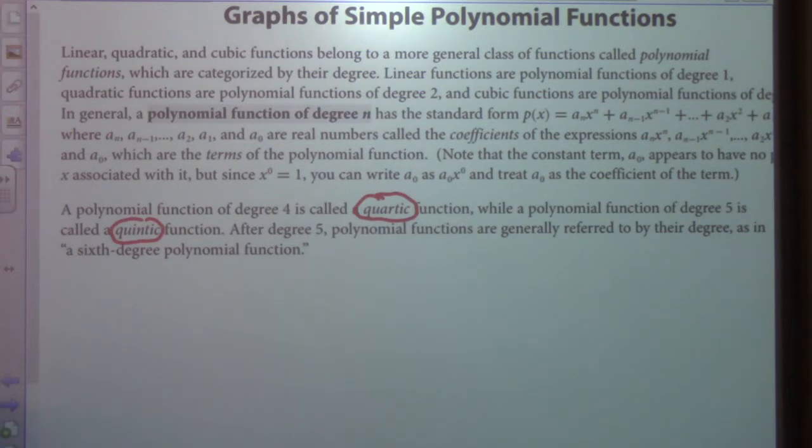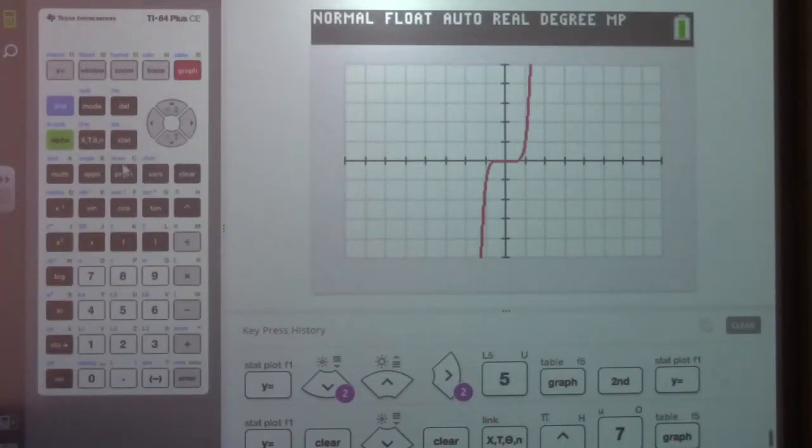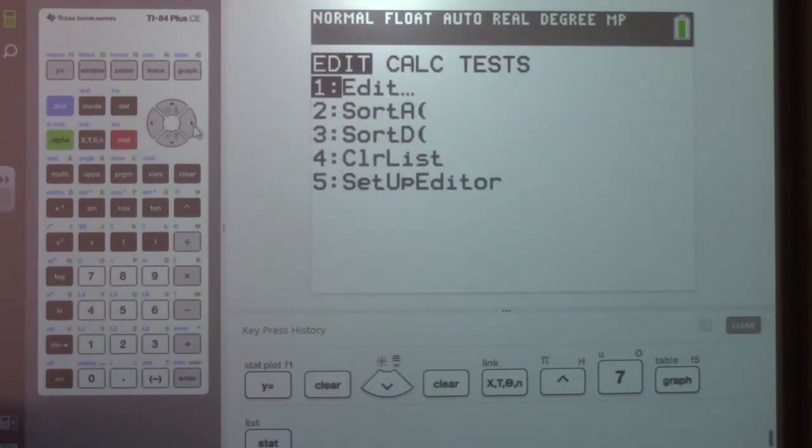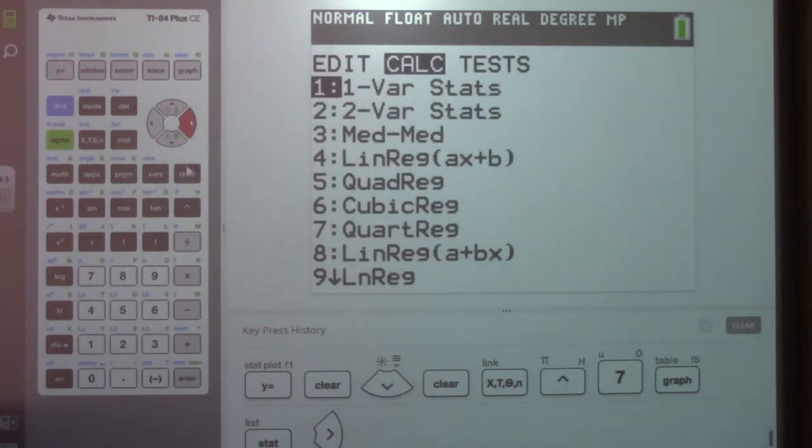I'll show you. If you look at your calculator, and we go to Stat Calc. Okay, let's look at this. What do we see in Stat Calc? We see linear. What do we see right below linear? Quadratic, which is degree 2. Cubic is degree 3, and quartic is degree 4.